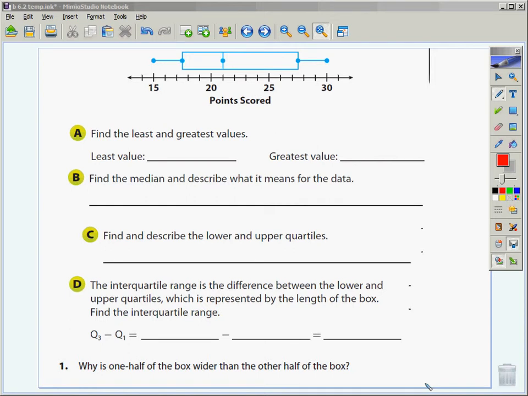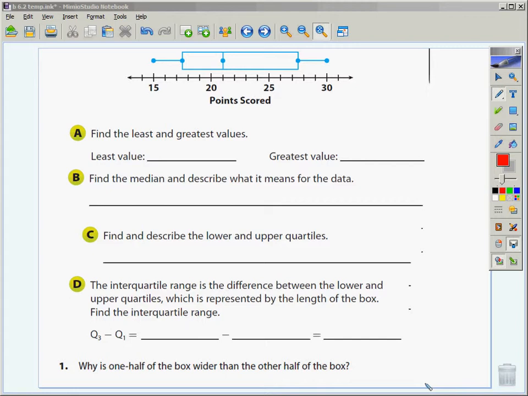One thing that we can find from a dot plot that we cannot find in a box and whisker plot? Does anybody know? All the individual pieces of what? Data, right?